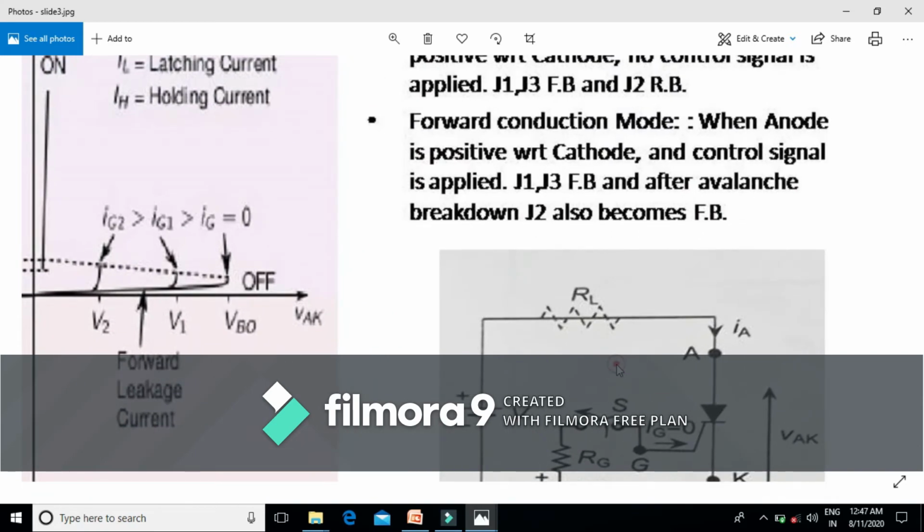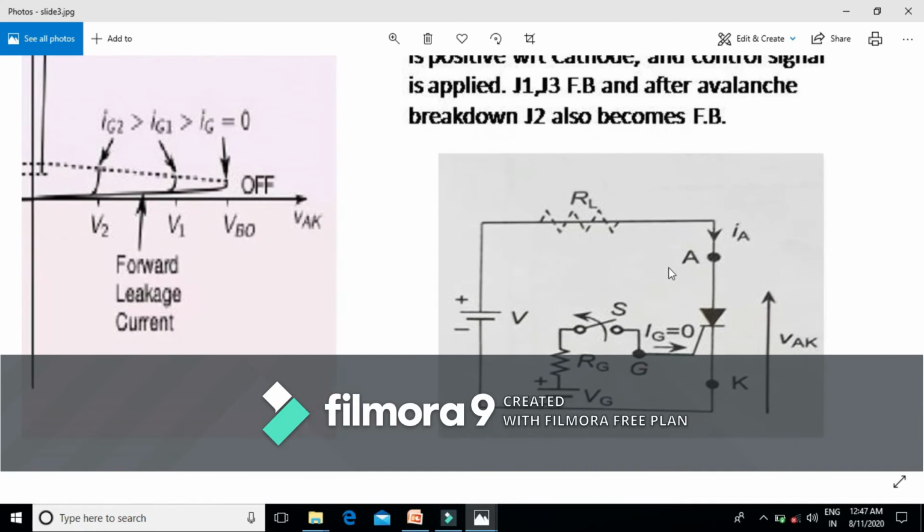This is the elementary circuit diagram by which we are going to explain the IV characteristics of SCR. This is a simple SCR having three terminals: anode, cathode, and gate. Since for the on state we need a control signal, here we are applying the gate current. For any current to flow in the circuit, we need a voltage.